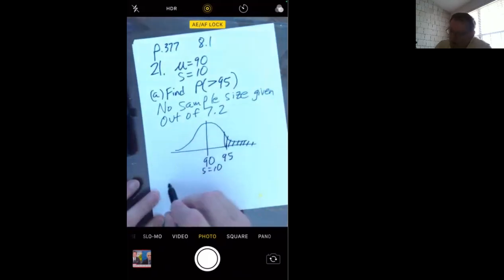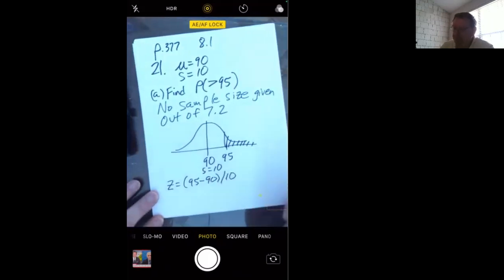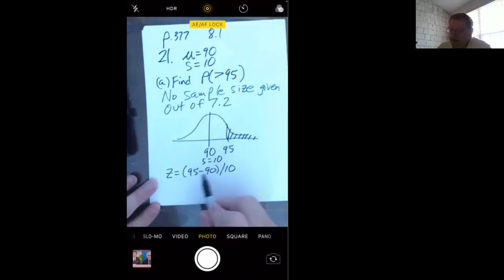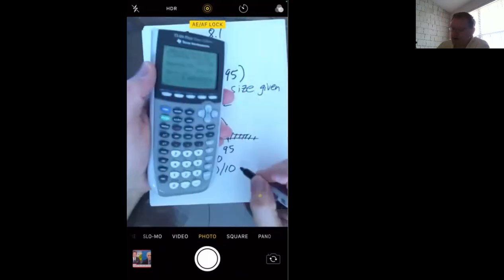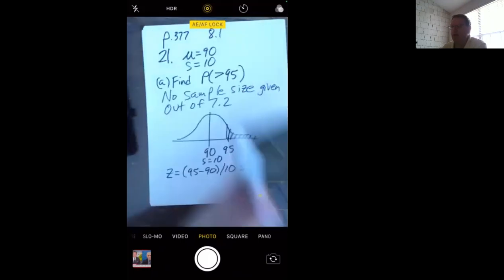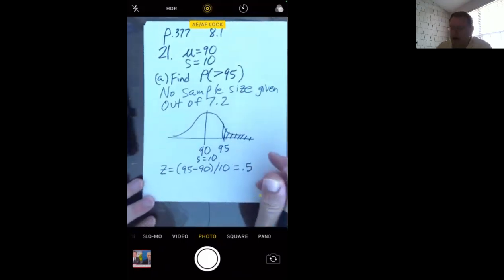So our z-score, 95 minus 90 divided by 10. X minus mean divided by standard deviation. No sample size given. We don't have to worry about dividing by the sample size. You can almost do that in your head. It's 5 over 10. That's 0.5, a half.